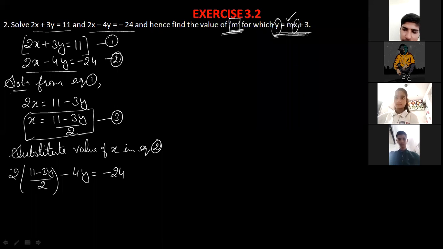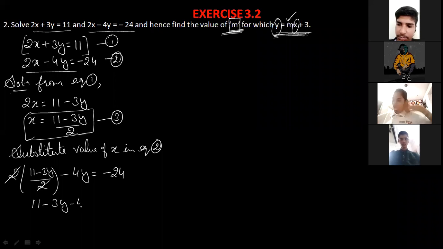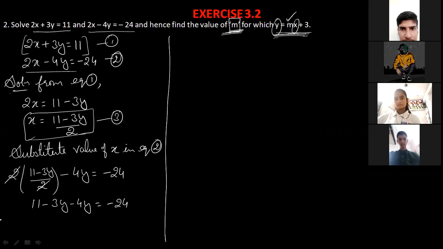So here now this 2 and 2 will be cancelled out and you are left with 11 minus 3y minus 4y equals minus 24. Now simplify this further. 11 minus 7y equals minus 24.